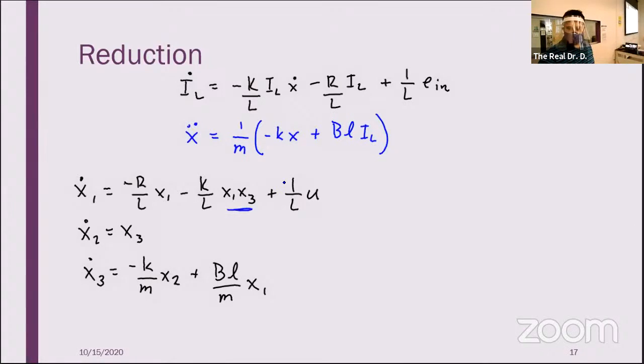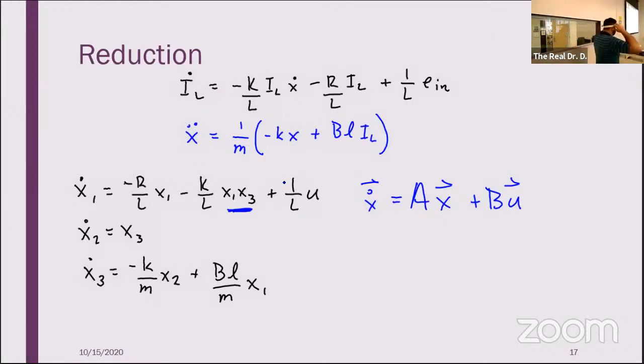How do you make a matrix that gives you x1 times x3? Remember, our setup is x dot equals ax plus bu. The way that we have this defined, where x1 is a state variable, you're not going to be able to multiply it by x3. So we would have to linearize this equation before we can put it in the state space.